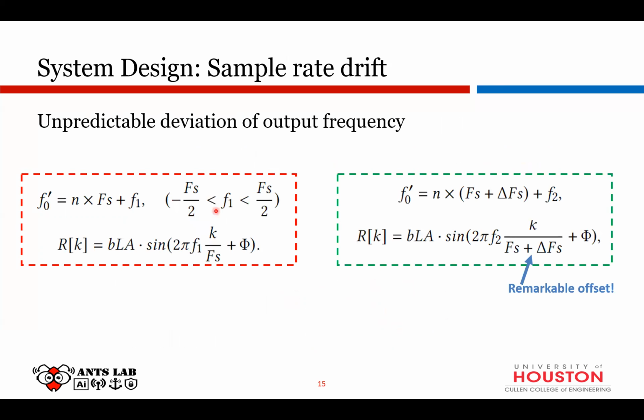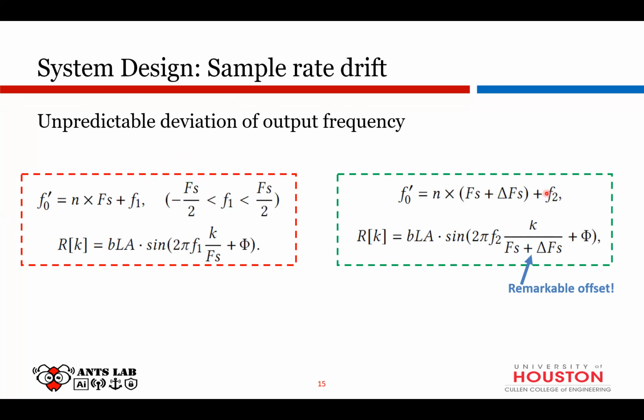The most serious problem is described as unpredictable deviation of the output frequency. This is because the gyroscope itself is not designed for this purpose. The sampling rate of the gyroscope is not always stable. On the left, in the red box, it shows the desired signal after such processing.